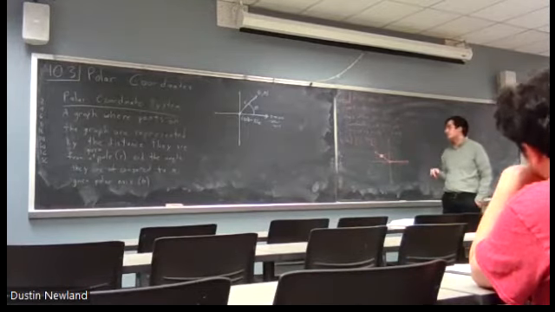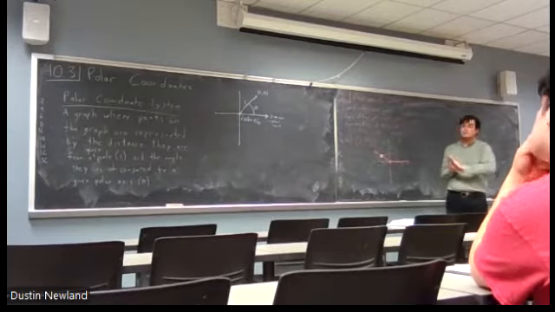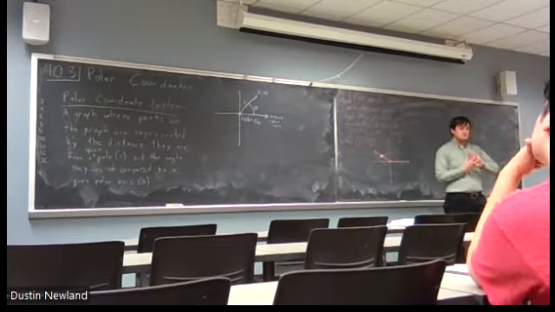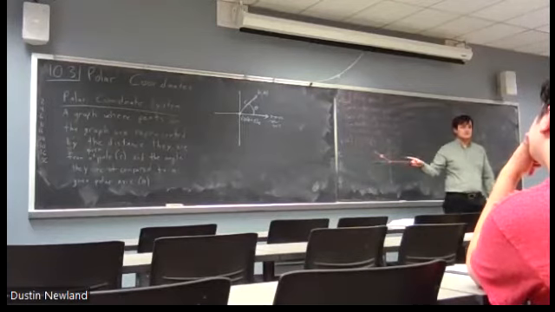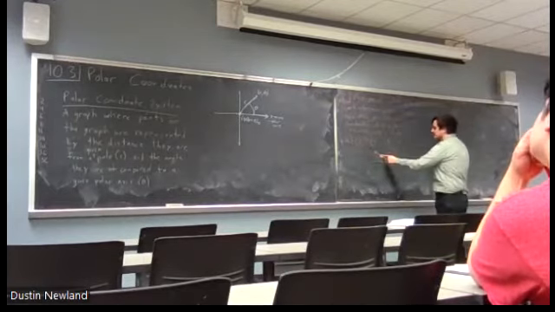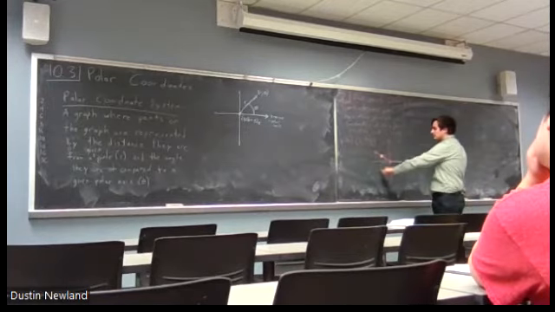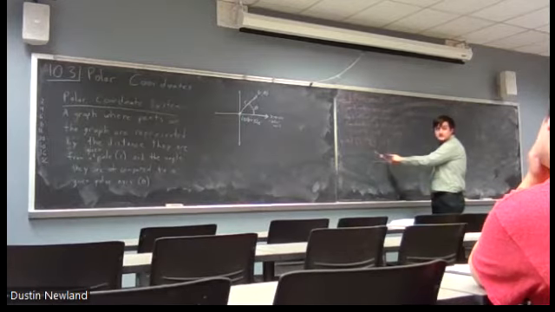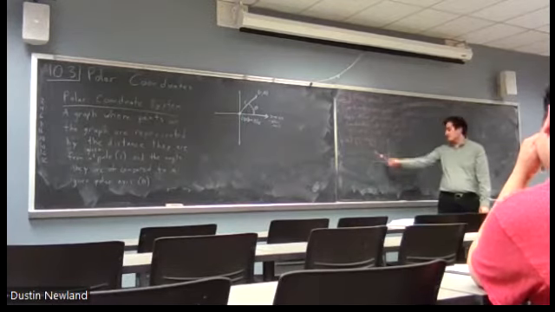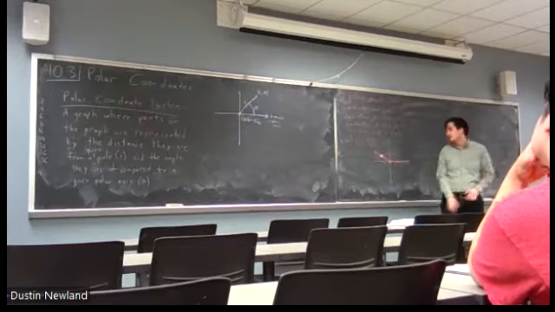One with r greater than 0, and one with r less than 0. Okay. In polar coordinates, I can represent one point multiple ways, right? Because if I take this angle, for example, and I add 2 pi to it, that's going to put me in the same spot, right? Going 1 whole 2 pi around puts me in the same area, right?